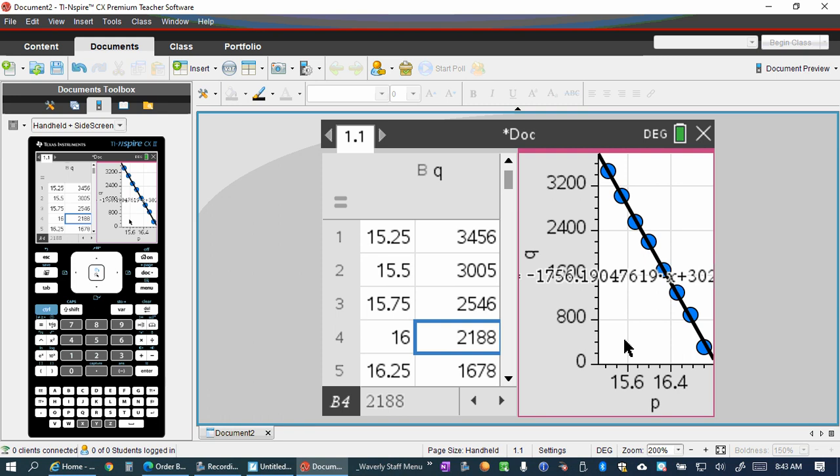They can plug in prices for X. Well, they're using an X; ours is P. So let's write down this particular equation.